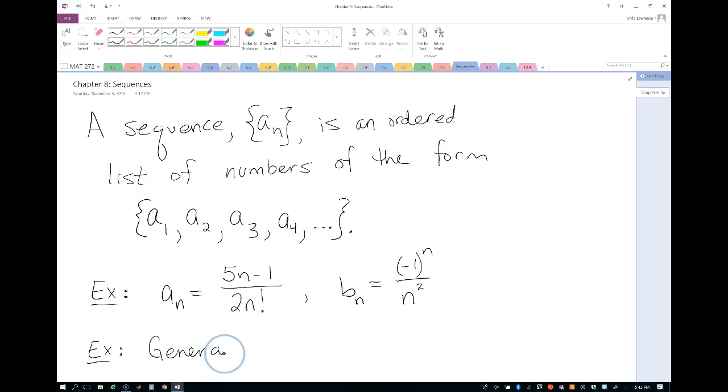So for this first example, we're going to generate the first 4 terms of the given sequence.